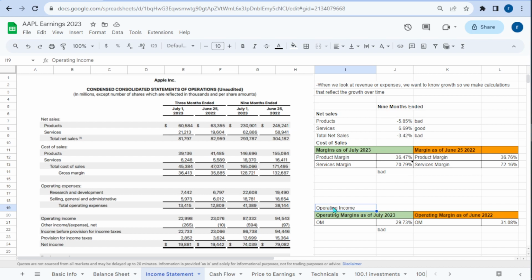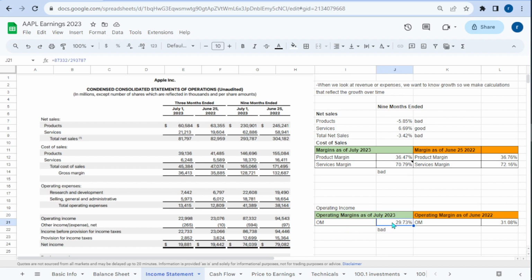So this is very important to pay attention to. Every now and then, you'll have one-off expenses or something that show up in other income and expenses that really cause the net income to go seriously negative. So always pay attention to this operating income. That's pretty important.